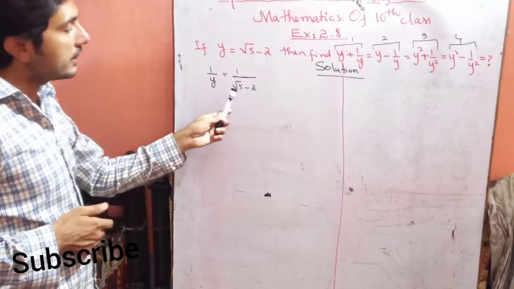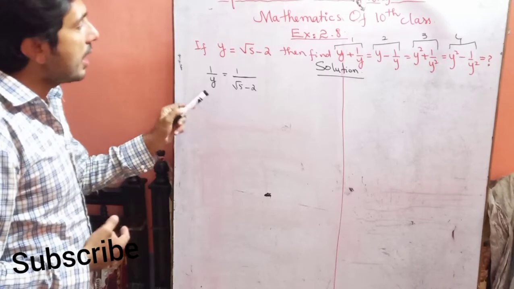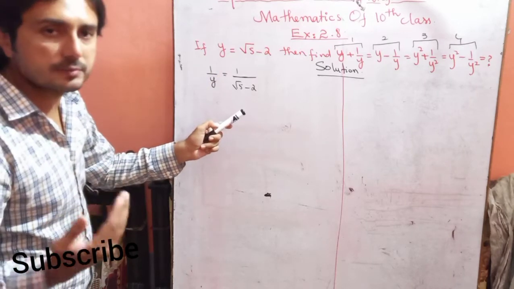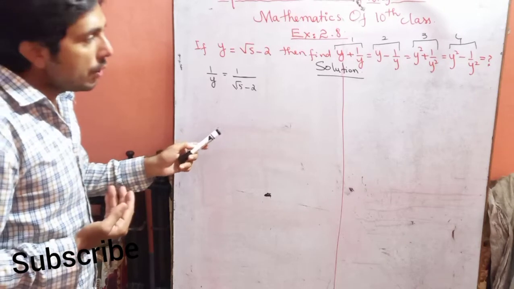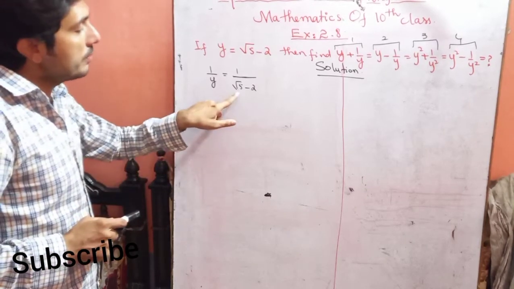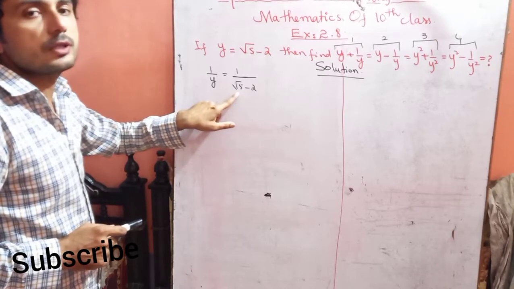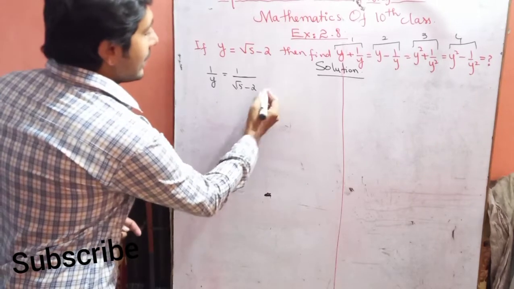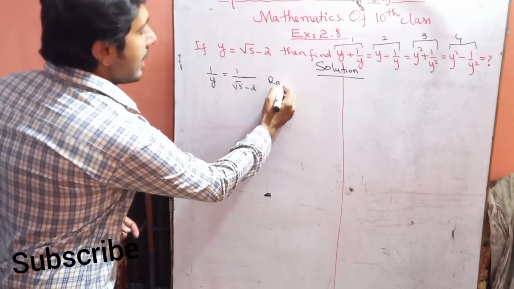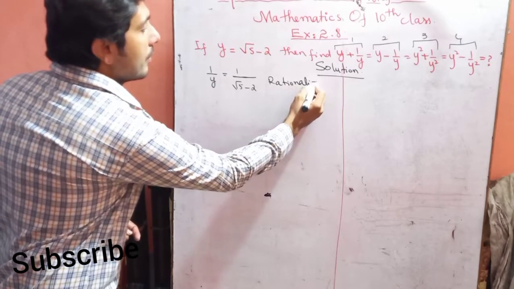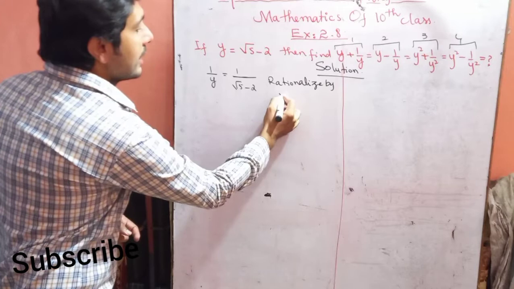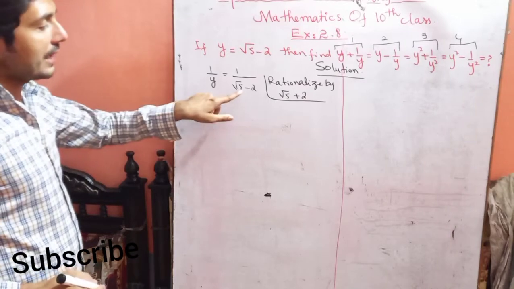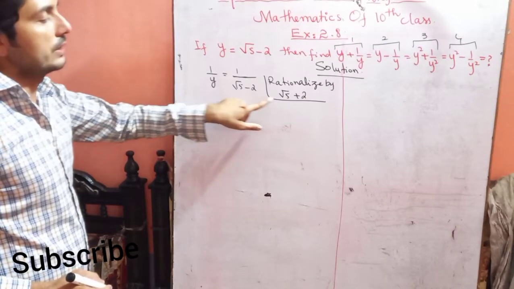Since there is the radical sign under root, it will be very hard to simplify if we add both y and 1 upon y. So what we are going to do, as the denominator consists of the radical, is rationalize it by its conjugate.